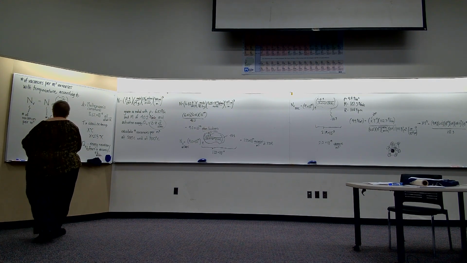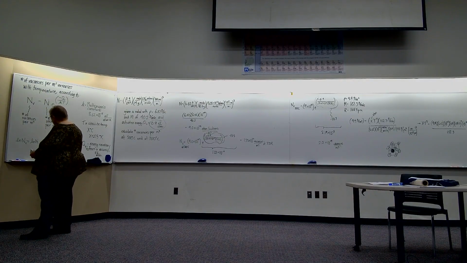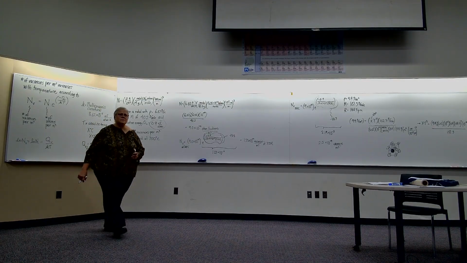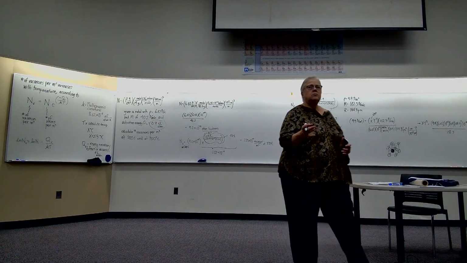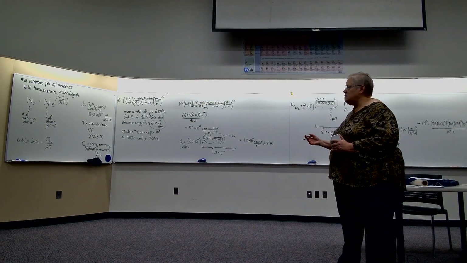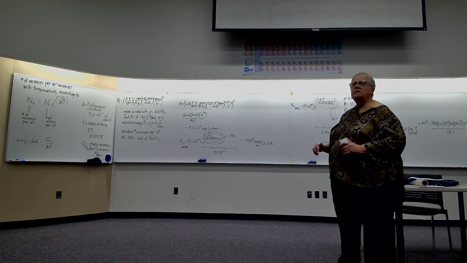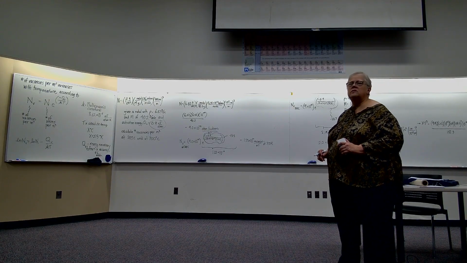So another way to write this equation is the natural log of N sub V is the natural log of N minus Q sub V over kT. So I could give you N sub V. I could give you density and atomic mass to find N. And I could ask you to calculate Q.